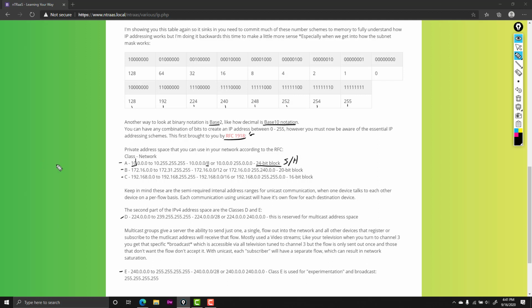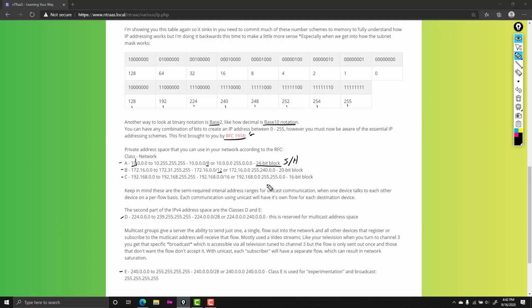For class B, we have 172.16.0.0 through 172.31.255.255. This gives us a /12, or the 172.16.0.0 with a mask of 255.240.0.0.